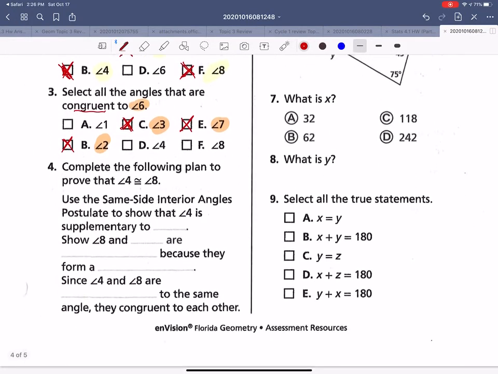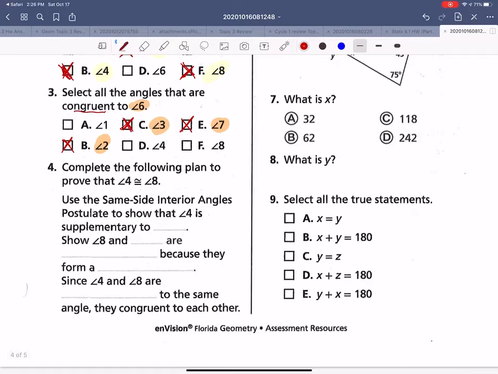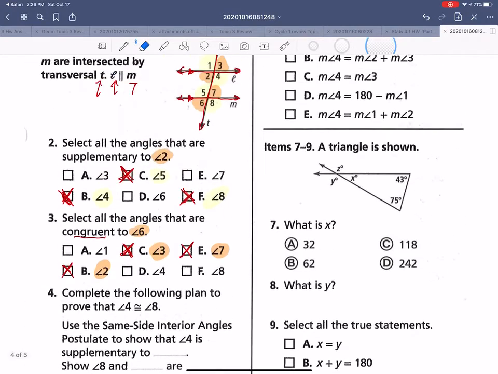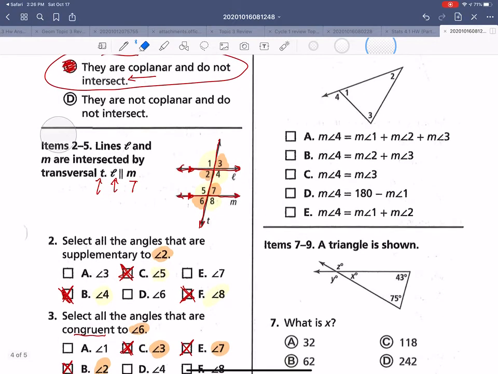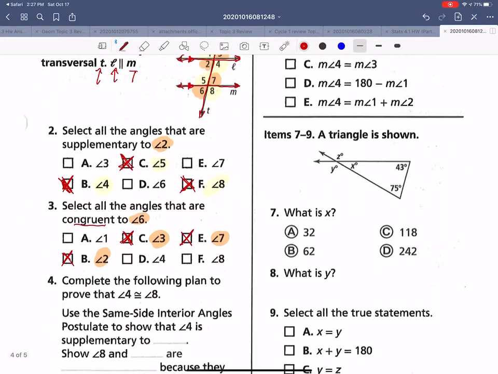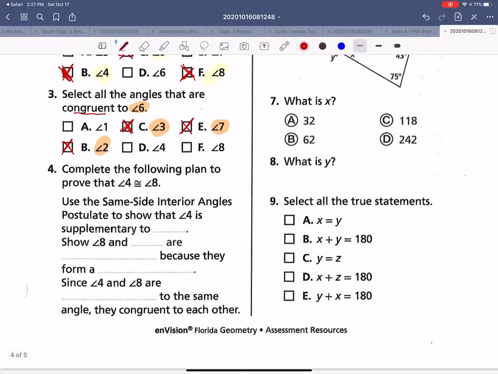Now it says complete the following plan to prove that angle 4 and angle 8 are congruent. So it says that this is a picture for angle 2 through 5. So I'm going to keep using this picture, right? It says use same side interior angle postulate. So same side will mean they'll be supplementary. So it'll be an orange one and a yellow one to show that angle 4 is supplementary to what angle?